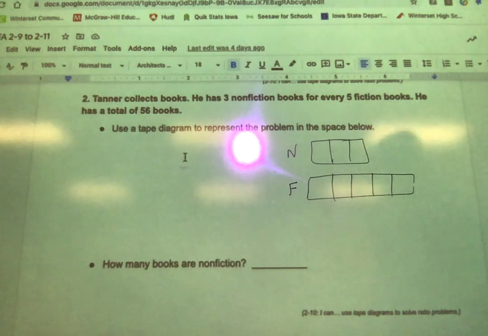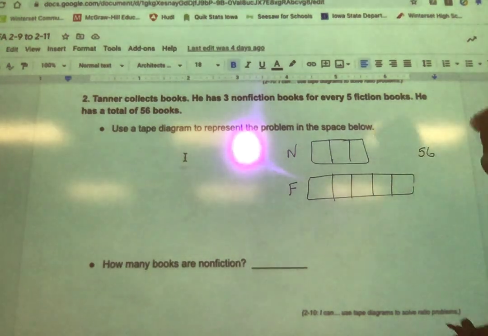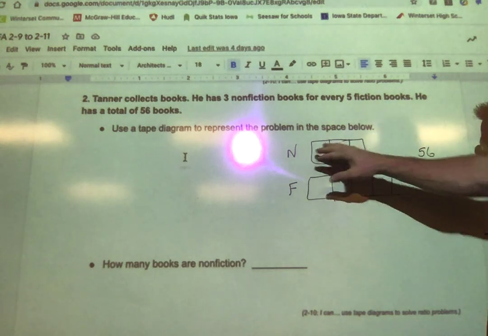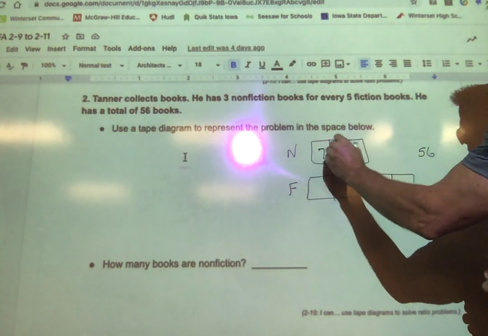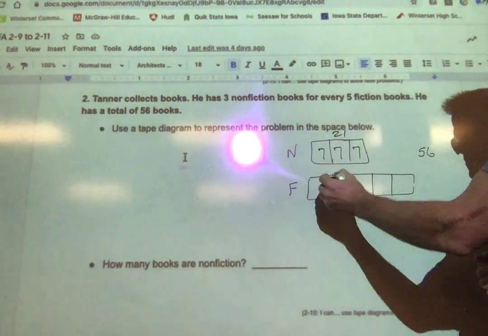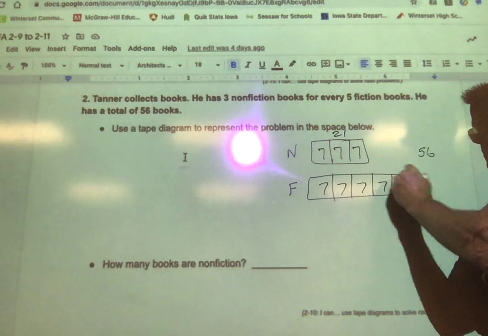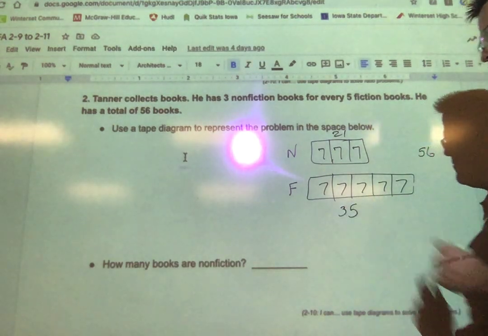And he has a total of 56 books. So again, I've got that total. So I put it off to the right side here, and I know I have to split that up between 8 boxes. So 56 divided by 8 is 7. I know that gives me 21 nonfiction books. And 7 times 5 is 35 of those fiction books.